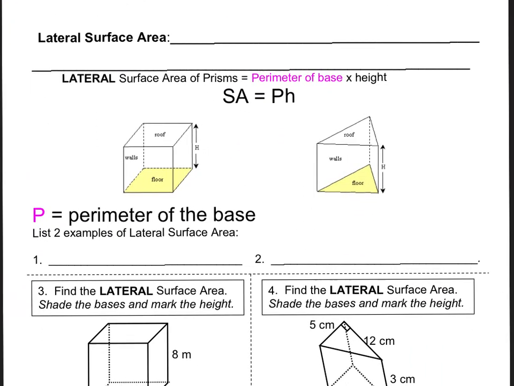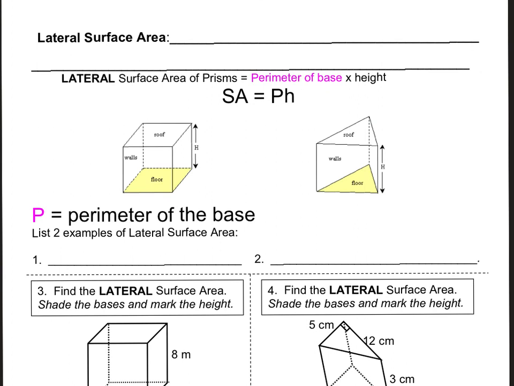All right, so that was all about total surface area. Now we're going to talk about lateral surface area.